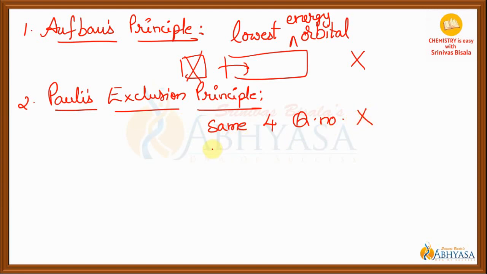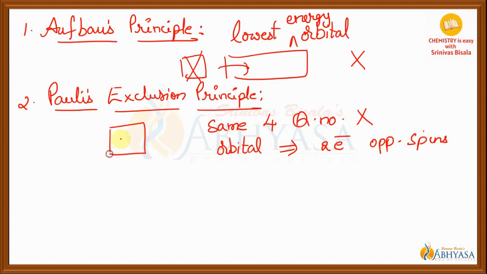In another way, an orbital can accommodate a maximum of two electrons with opposite spins. Means by chance, if there is any orbital where both the electrons are spinning in clockwise direction or in anti-clockwise direction, it means that particular configuration is not according to the Pauli's exclusion principle.